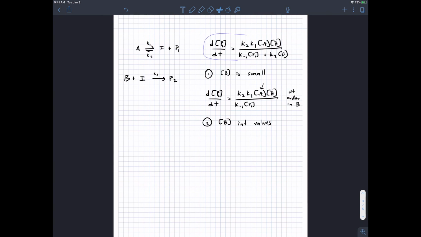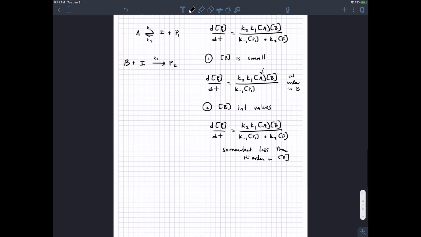then we have the full-on expression here where it's somewhat less than first order in B because you've got a B concentration term in the denominator.